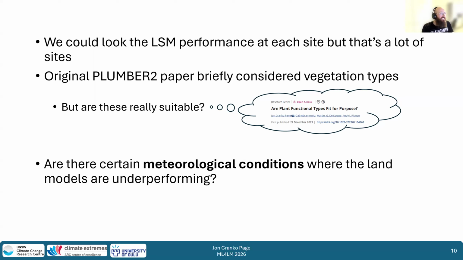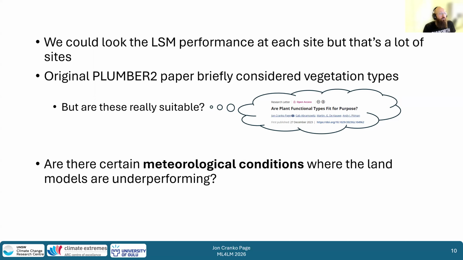So we decided to take a different avenue. The original paper did look at vegetation type. So it looked at the model performance based on the IGBP classification for each flux tower. But that didn't really show much. And I have beef with PFTs anyway.